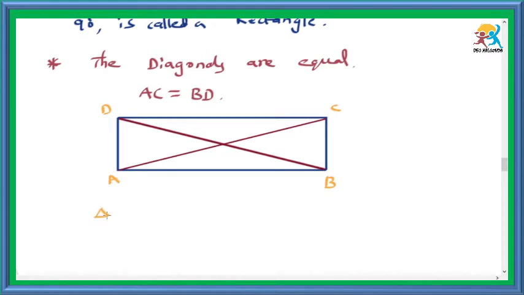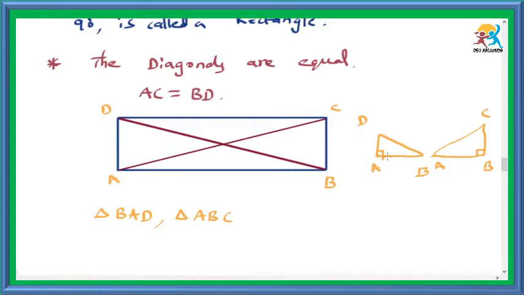Take the triangles, triangle BAD, comma triangle ABC. The triangles will be like this. This is BAD and this is ABC.